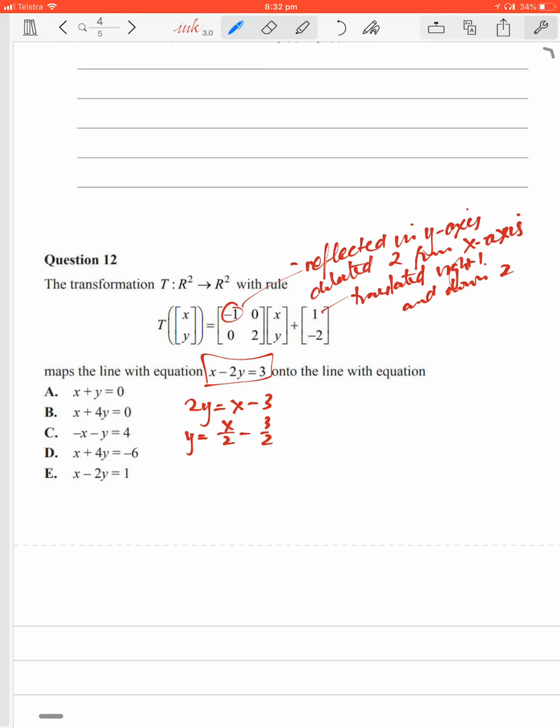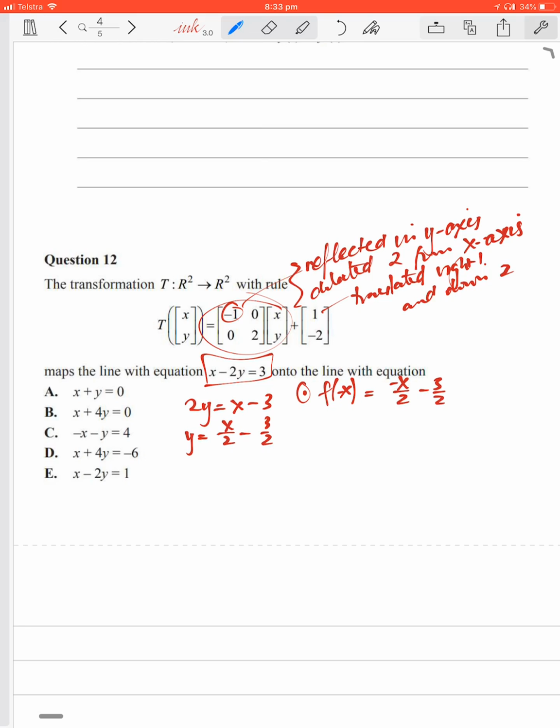So we've got to do our dilations first because they are first here. So that's step 1. If I reflect it in the y-axis, I replace x with negative x. So that's f of negative x. So that will give me negative x on 2 minus 3 on 2.